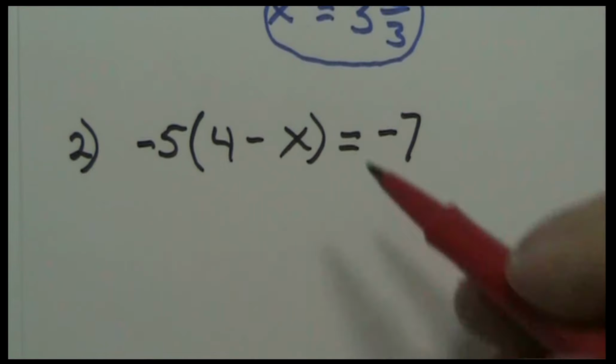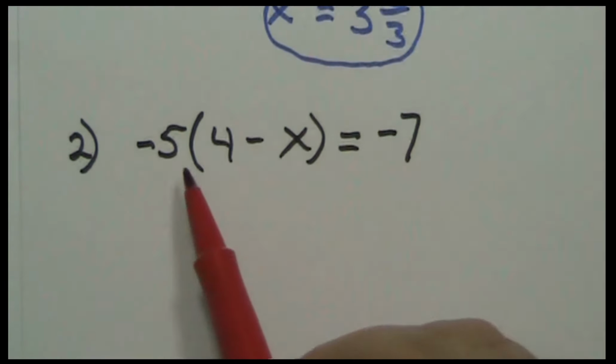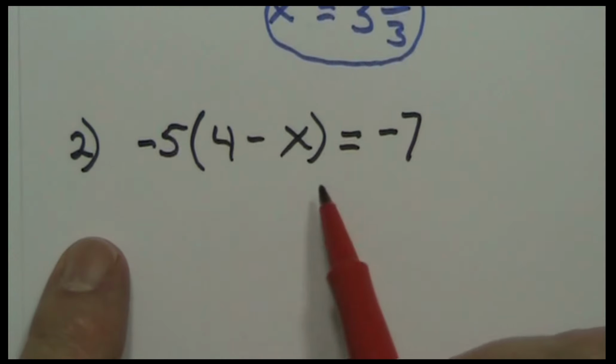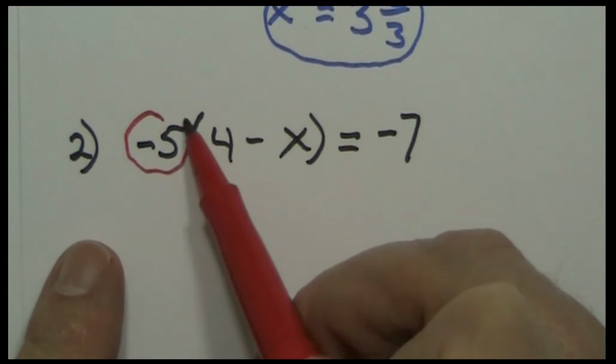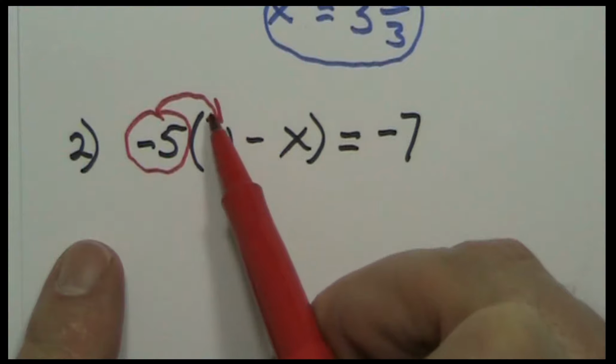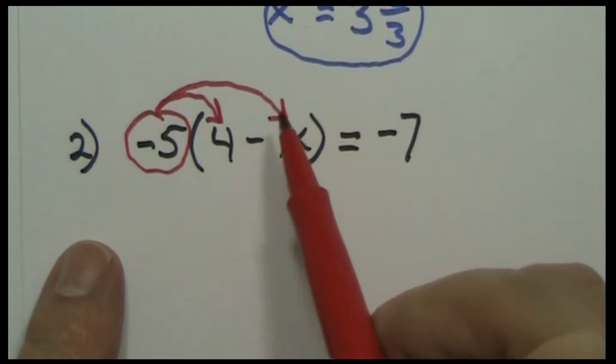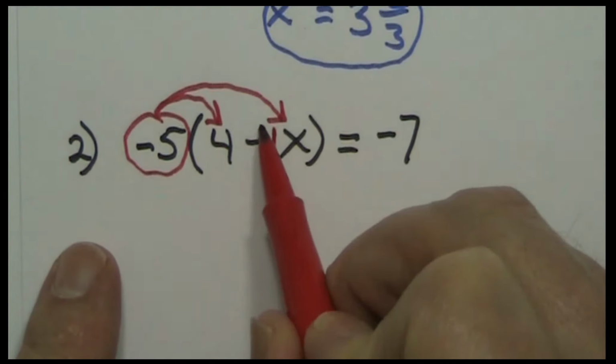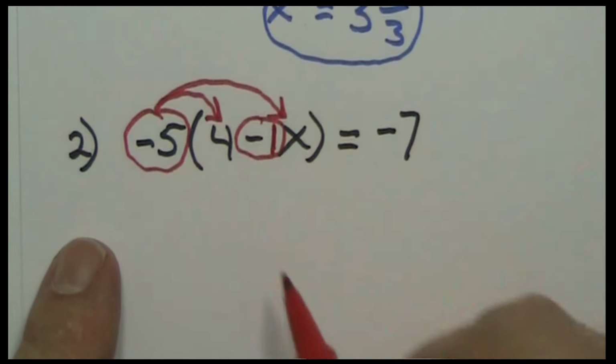All right, we have a left and right side. And instead of dividing by -5, because that would be weird, it wouldn't come out right, we will use the distributive property. Take the outside times each one inside. And notice that this is the invisible 1 right there. So this is actually -1x.